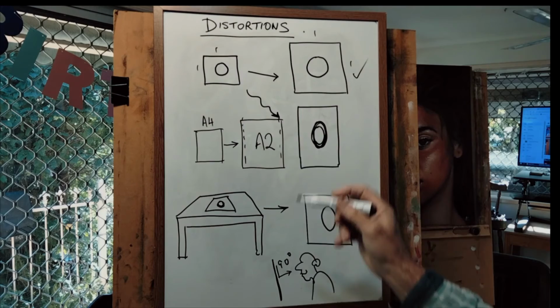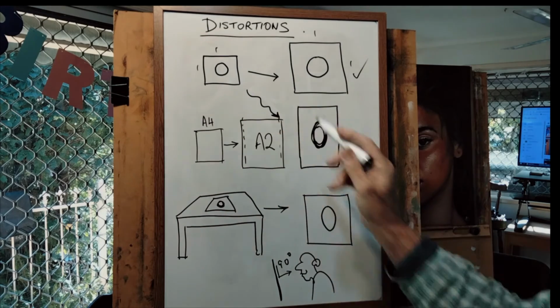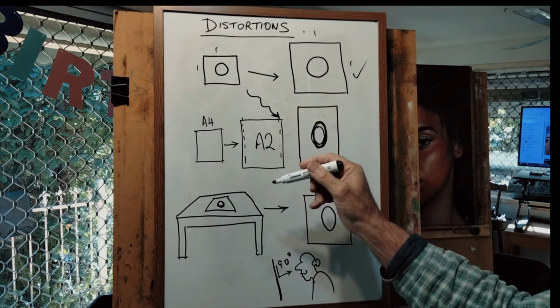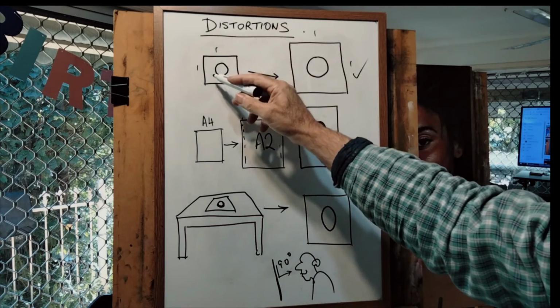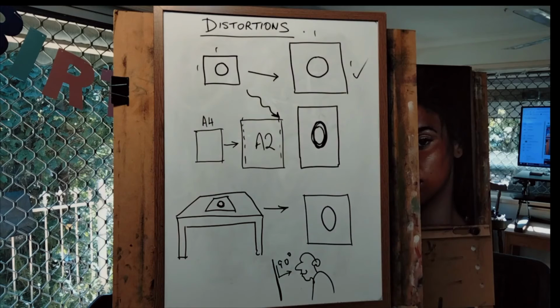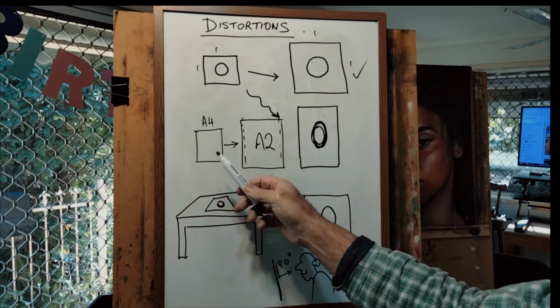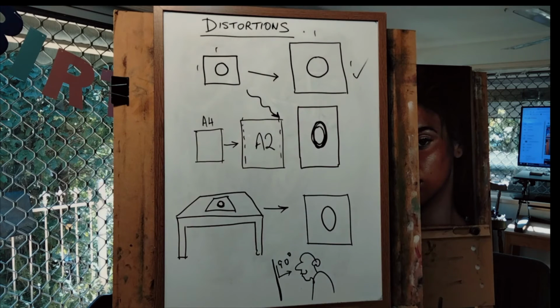And A2, the ratio of A4 to A2 is similar to the small square and the big square. It's exactly the same ratio of width and length. So you're not going to get any kind of distortions creeping in.